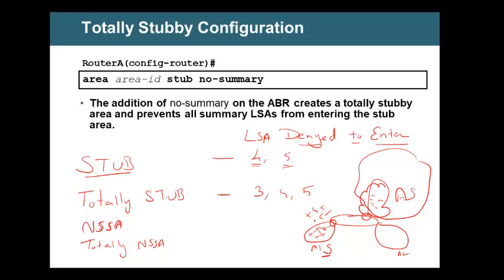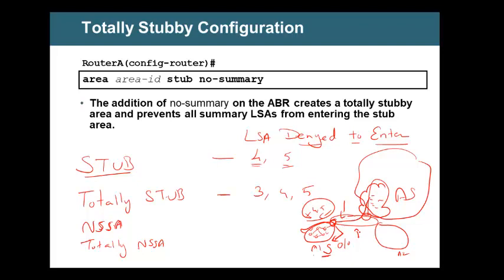After denying type 4 and 5, this router will inject a default route to every router in this area. Using the default route, all the traffic will go to this border router. This border router knows about everything very clearly because type 4 and 5 still exist in area 0.